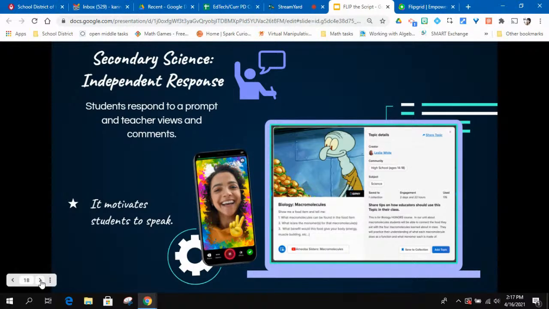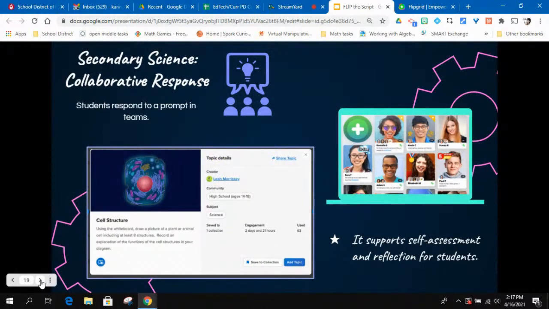The second type of response is collaborative. In this one, which can be utilized in bio and within our middle school grades, the topic is cell structure. The students are going to work together in this example to explain the different organelles of the cell and how it can relate to a city or a school.